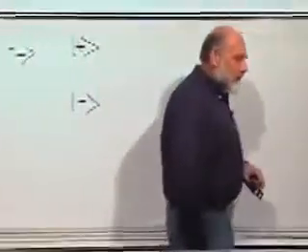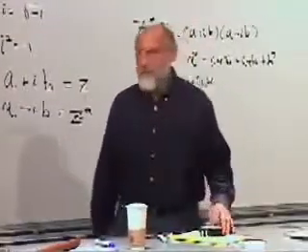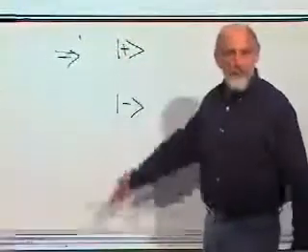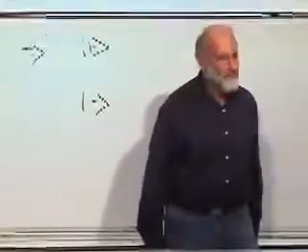Now in classical physics, we would never, under any circumstances, think of adding these two vectors or multiplying them by numbers. We would just say, this means electron up, this means electron down.